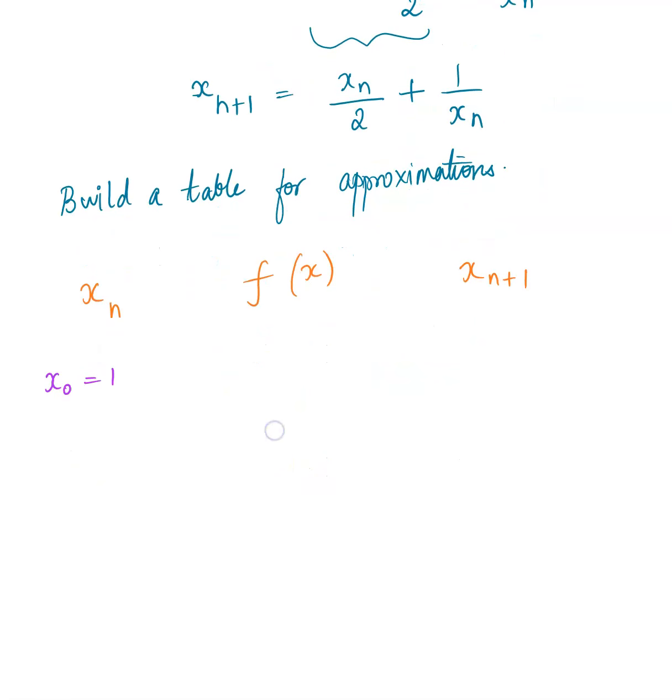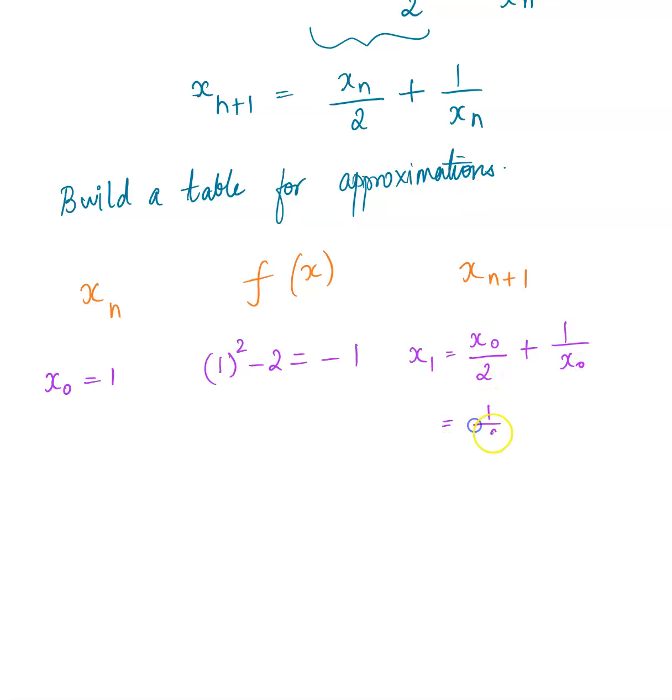Okay, when x equals 1, what is f of x? So you're technically going to substitute 1 squared minus 2, which was negative 1. But we need to find x1 using this approximation. But we know that because of this simplification up here, that will be x naught over 2 plus 1 over x naught.